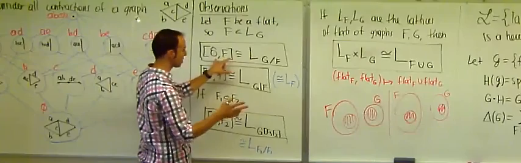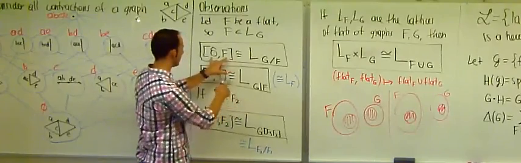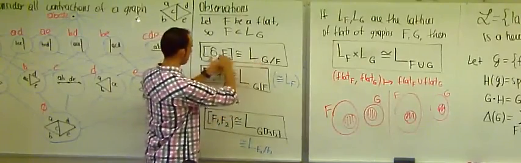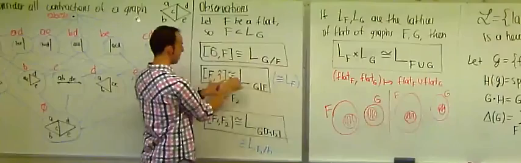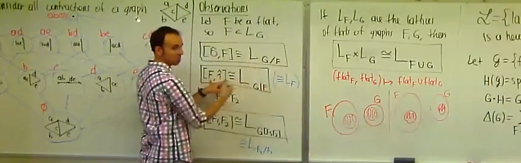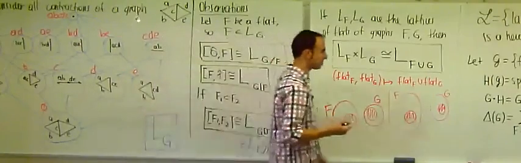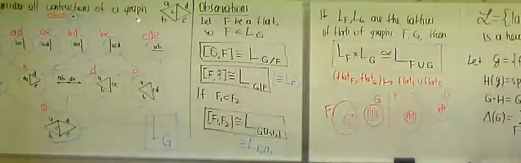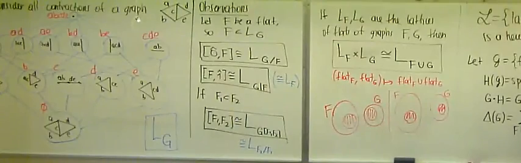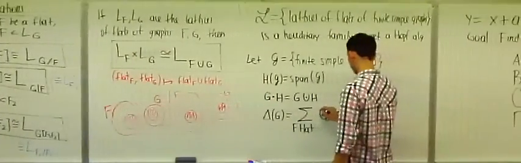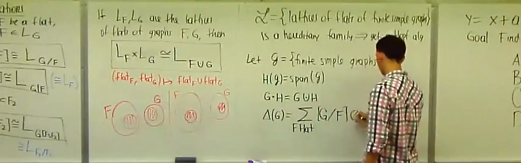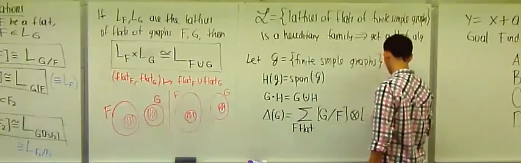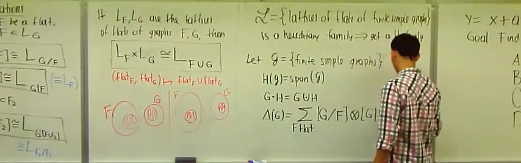I think I have something backwards in my notes, but from the bottom to F, I get G mod F, and from F to 1, I get G restricted to F. So from the bottom to F and from F to the top.